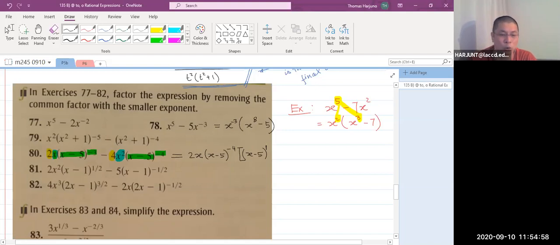Or you can just ignore that because if you don't write the exponent, it means implicitly exponent 1. Now let's take a look at the second term here. We took the 2 out, so that's -2. We took 1 x out, and we took x minus 5 to the -4 out. So it's all cleaned up.